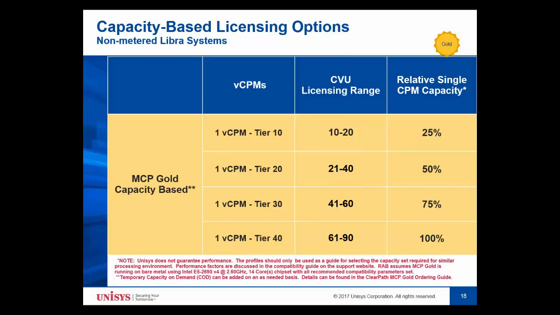The tier 20 has 50% of 1 virtual CPM, and that would give you a range of 21 to 40 CVUs. And tier 30 has 41 to 60 CVUs with 75% of 1 virtual CPM. And if you have tier 40, you have the utilization of 1 full virtual CPM running at 100% capacity, and the range would be 61 to 90 CVUs.